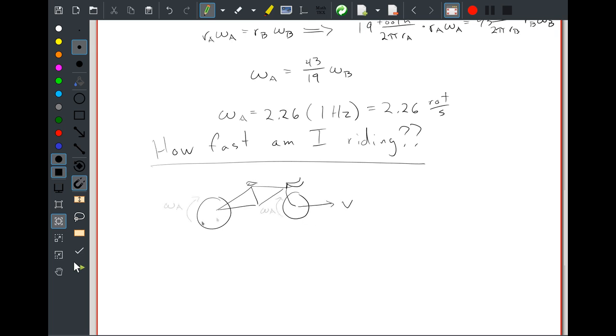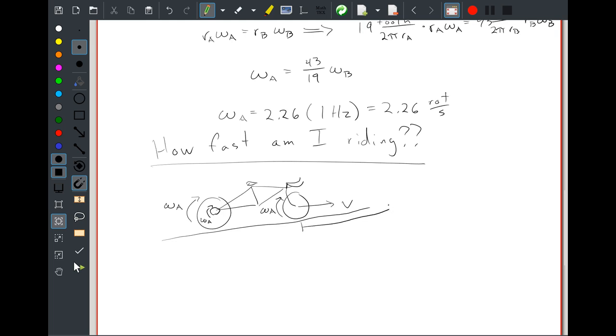For a bike, if the cog is spinning at omega A, that means both wheels are also spinning at omega A. In order for this wheel to maintain our kinematic constraints, if the cog is spinning at 2.26 rotations per second, then the wheel itself is spinning at 2.26 rotations per second.